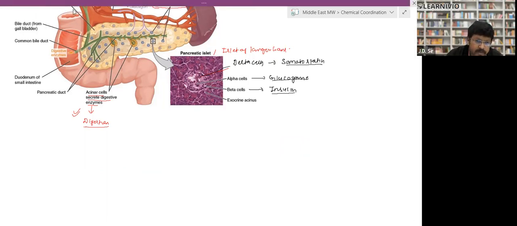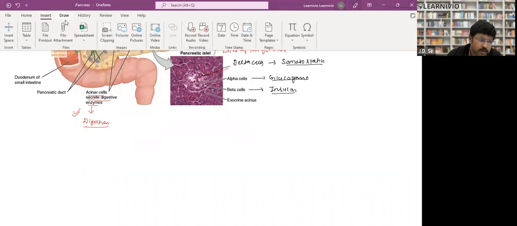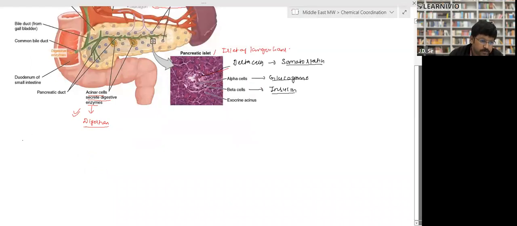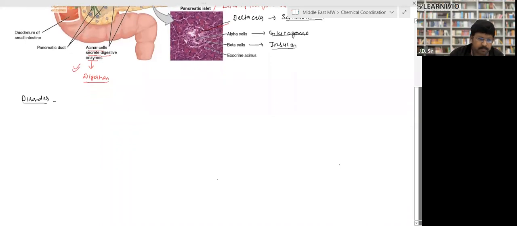Now the next part is defect, or you can say disorder. Put the heading disorder. Now what are the disorders of this one? Both hypo or hyper secretion are very dangerous.